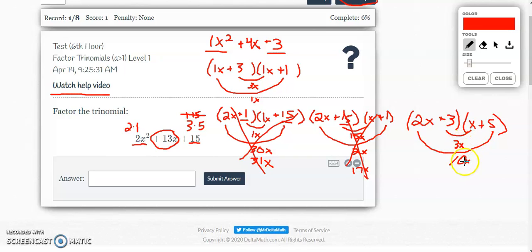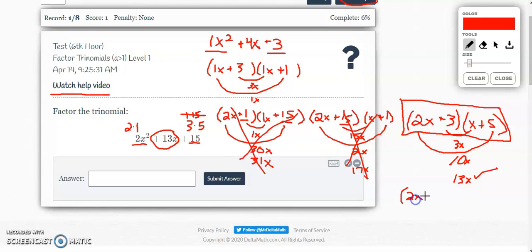And what's true about 3x and 10x? That gives me 13x. And that's what I'm looking for. So that means that this combination right here is the factorization that when I multiply it out will give me this trinomial. And while we're looking at this problem, let's just go ahead and try that other combination.